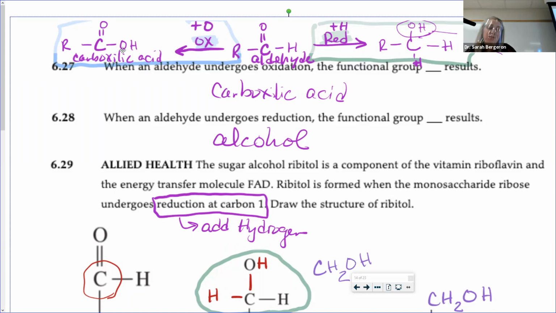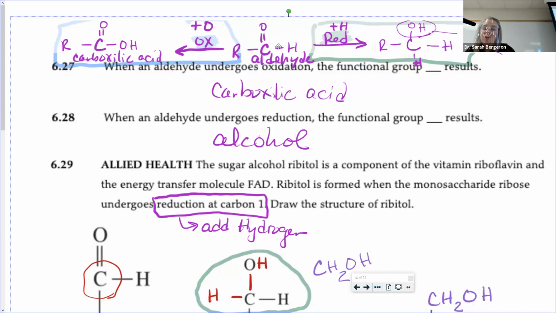So if you undergo oxidation, you keep that carbonyl, but you end up adding an additional oxygen where you only had a hydrogen. So where your old hydrogen was, now you have an alcohol, a hydroxyl group, right? So what do we call something that has an alcohol that's attached to a carbonyl carbon? We call this a carboxylic acid.